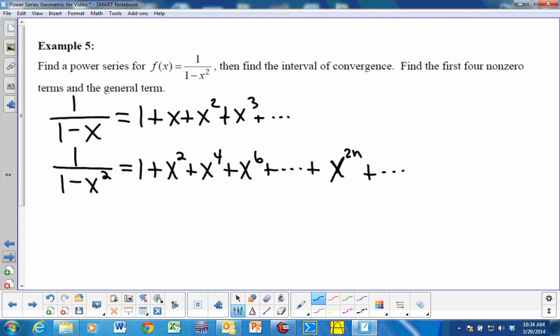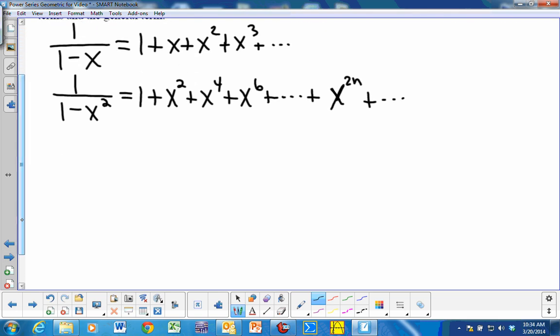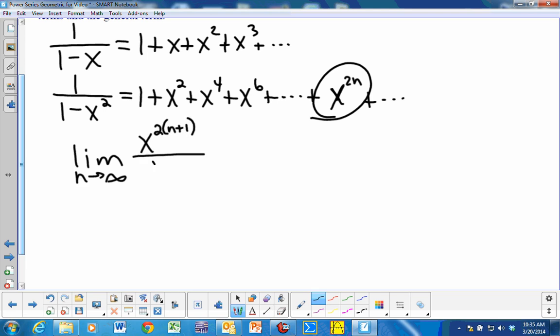So now if we want to find the interval of convergence, well, I'm going to review how to do that with the ratio test. So what we're going to do is take our generic term here, x to the 2n. So we're going to take x to the 2 times n plus 1 over x to the 2n. We take the n plus 1 term divided by the nth term.